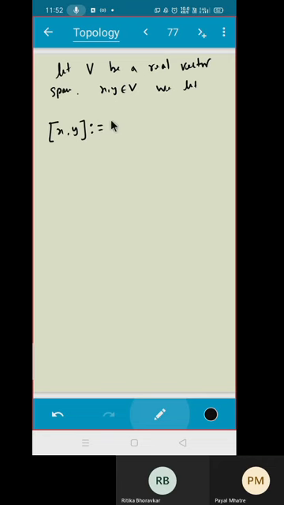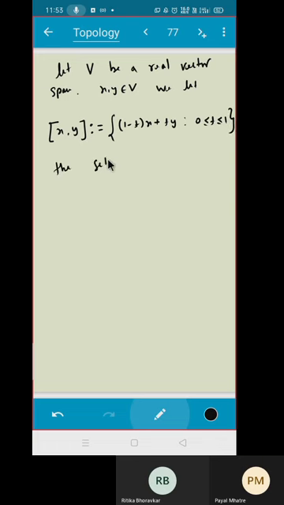We let this set be equal to {(1 minus t)x plus ty : 0 ≤ t ≤ 1}.